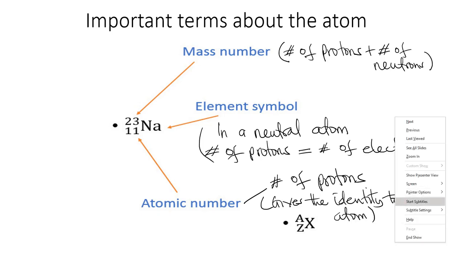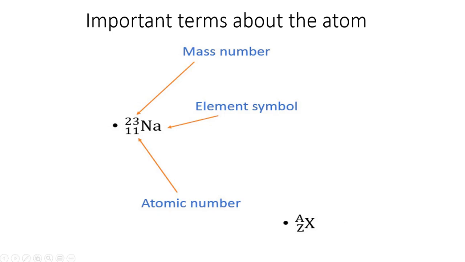So let me take it off. Now, the symbol that we are showing here, the way we write, we are showing here in a generic form is given as shown here. So we have an AZX symbol.